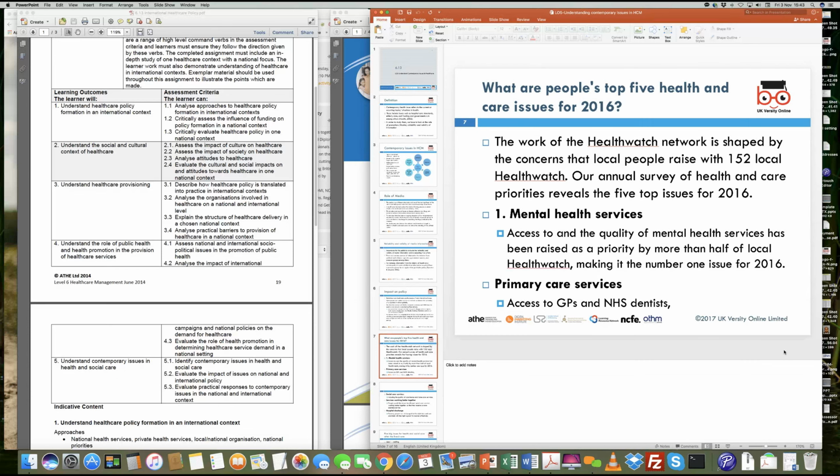Okay. Now we have talked about a lot of contemporary issues. Let's look at the top 5 healthcare issues identified by a website called Health Watch. Health Watch is a network which basically looks at creating a database of issues within the UK, and they talk about the top 5, top 10 issues which are going to be affecting us in the future.